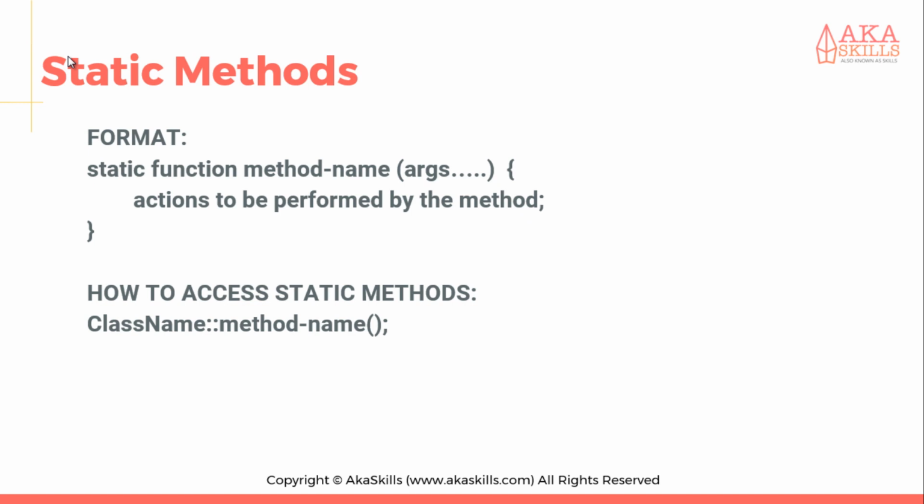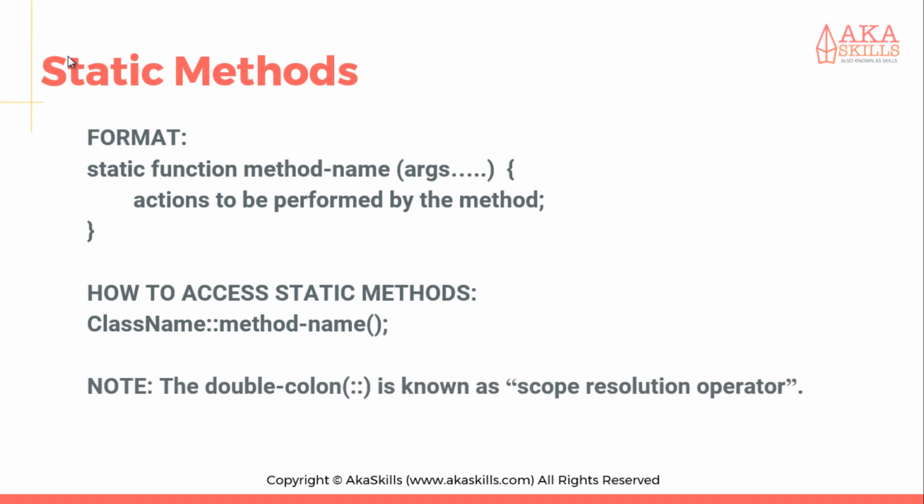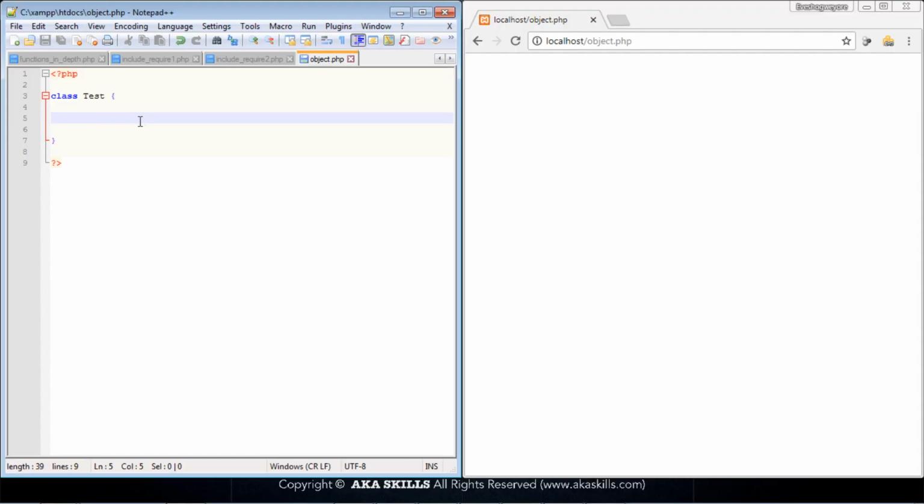For you to do this, all you need to do is call your class name. You don't do this through the object. So one thing you should also take note of is that this double colon you're seeing here is known as the scope resolution operator. So for us to fully understand this, I would like to create a very simple program here.